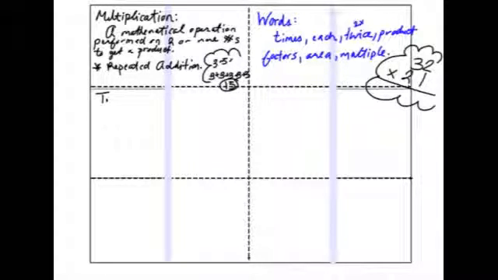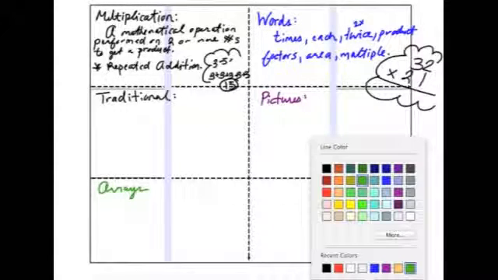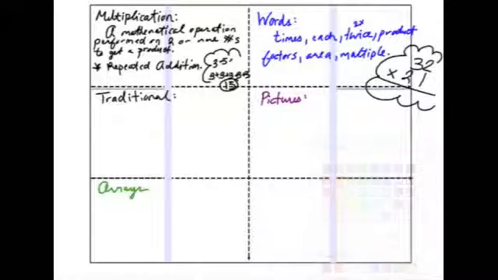So again, we'll start with a traditional method. Then we'll work on our pictures, arrays, and box and cluster.